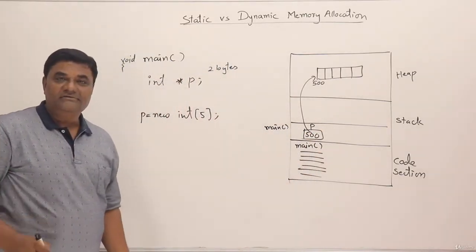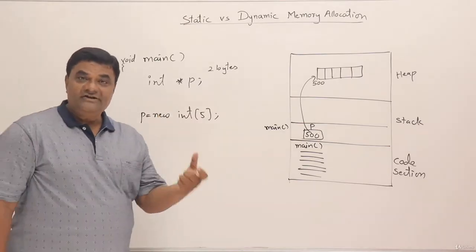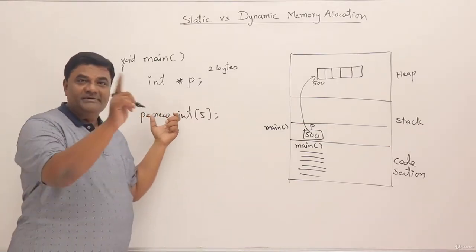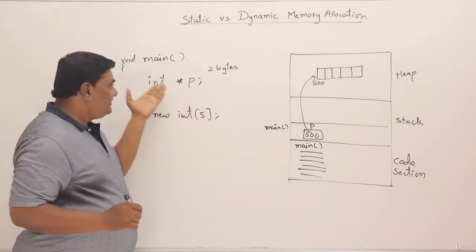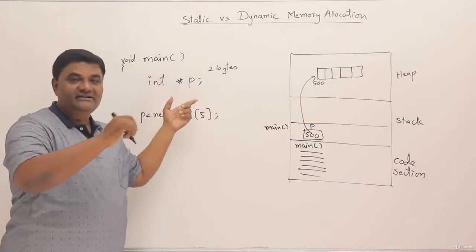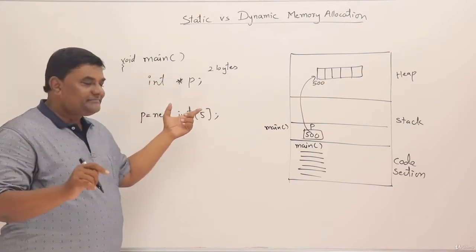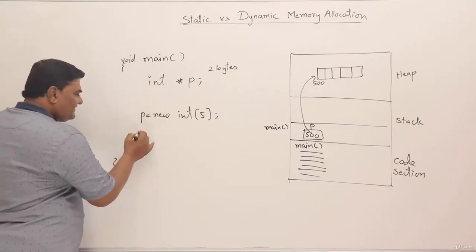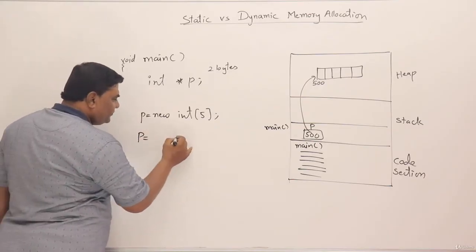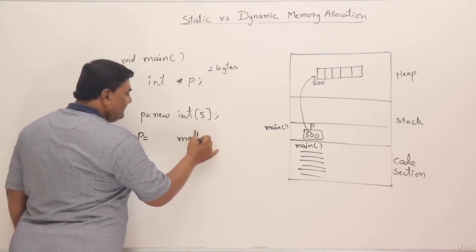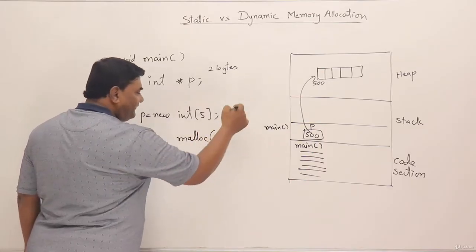This is the method of allocating memory in the heap. Wherever you see new, memory is allocated in the heap. With a simple variable declaration, memory is allocated inside the stack. In C++ it is new. But if I write the same thing in C language, then I have to use the malloc function, and I want 5 integers.